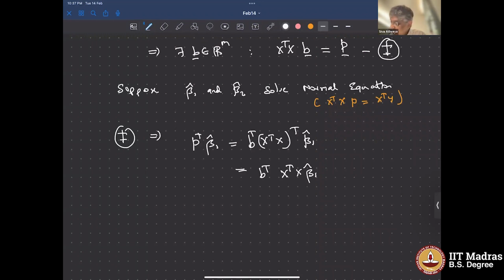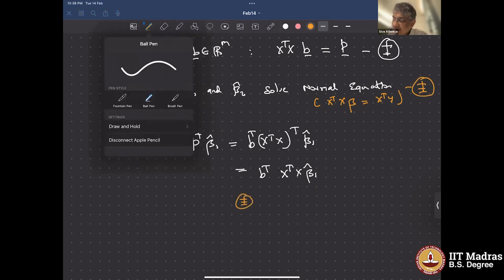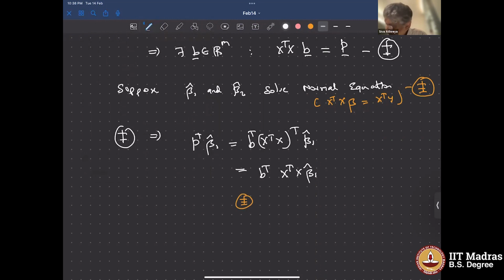But what is X transpose X beta 1 hat from the normal equations? Since they solve the normal equations, let's call this triple dagger. So from triple dagger, that's equal to B transpose times X transpose Y.